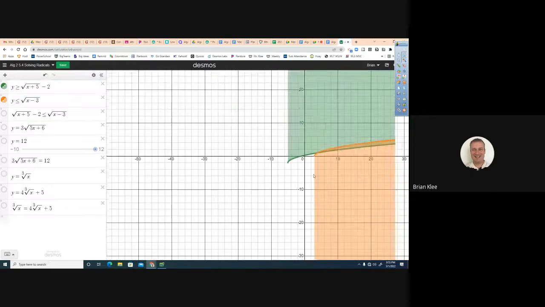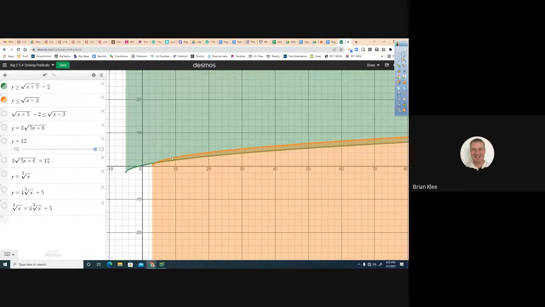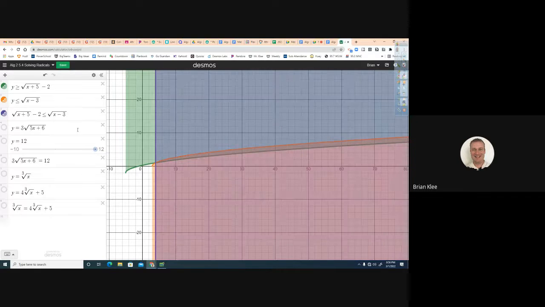If I zoom out a really long way, it's all the numbers in that really narrow section where the orange and the green overlaps on Desmos. If I go and check and type in the original inequality, that shows everything to the right, but below orange and above green are all the solutions to this inequality.